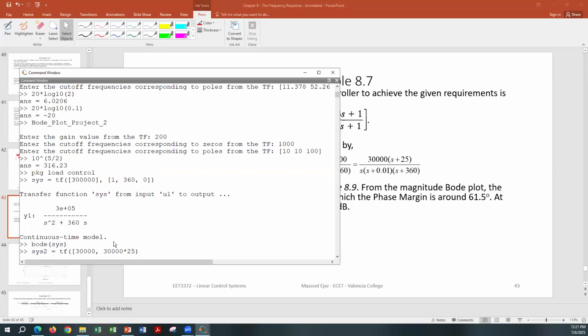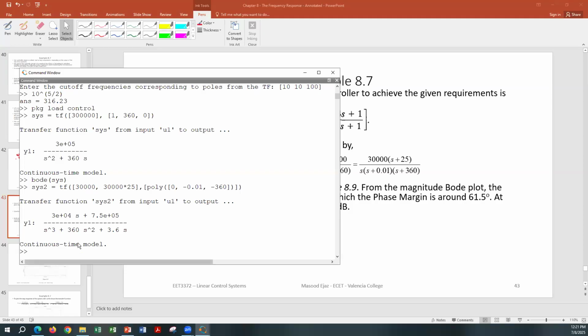For the denominator, let me create it using the poly function. My first root is 0, my second root is negative 0.01, and my third root is negative 360. So s cube plus 360 s square plus 3.6 s.